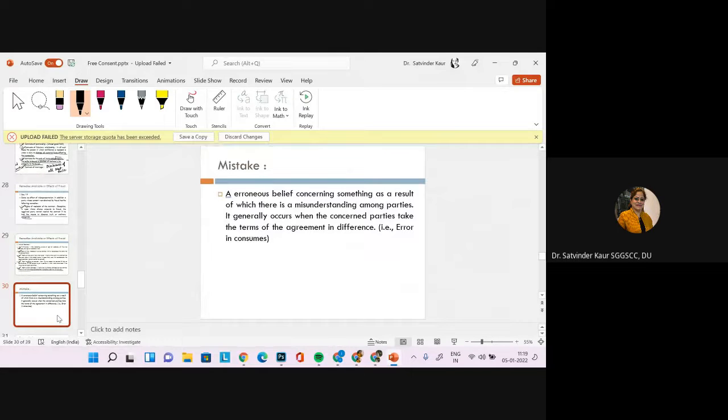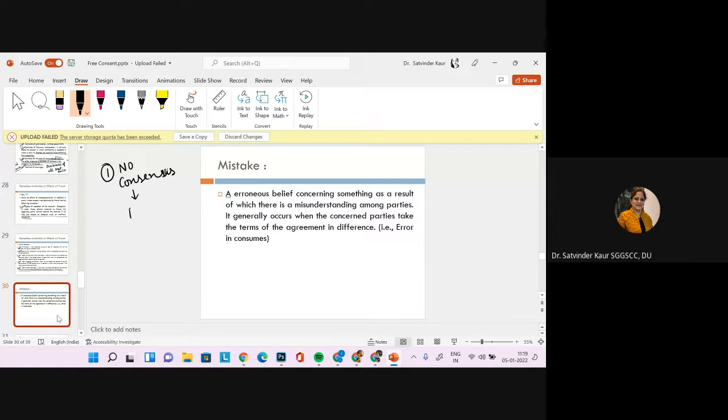Yes, ma'am. Okay. Now let's move to the last element which makes the consent unfree, that is called mistake. So under mistake we have two situations. One is where there is no consensus. We have already discussed in the first chapter that if there is no consensus ad idem, there is no contract.